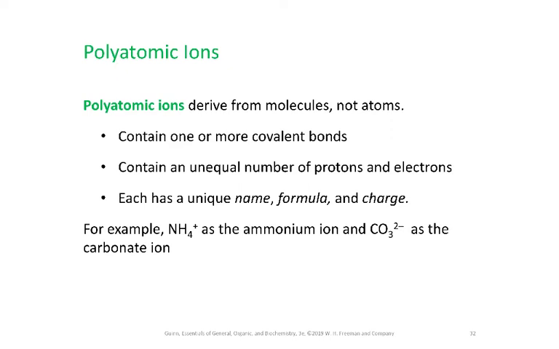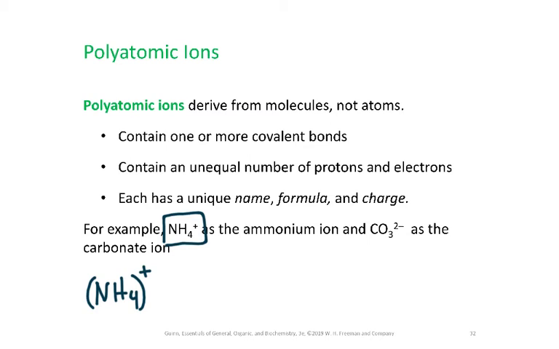So for example, NH4 plus, it's a nitrogen and 4 hydrogens covalently bonded to each other, but the whole thing has an imbalance of protons and electrons and results in a plus charge. So you could say NH4 plus, where the plus is the whole thing, not just a part of it, right? So that's called an ammonium ion.